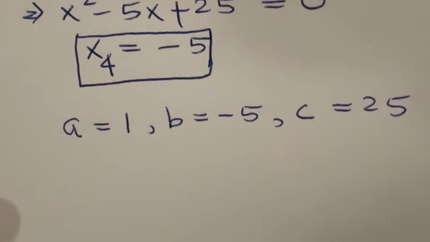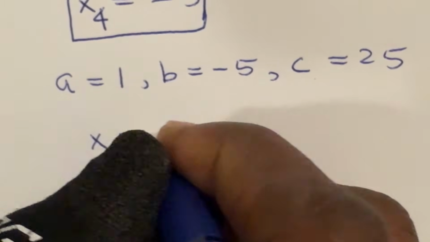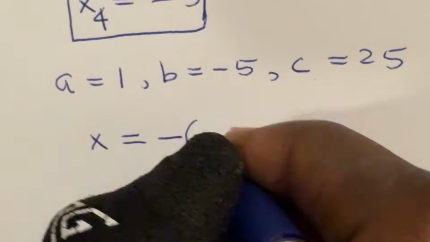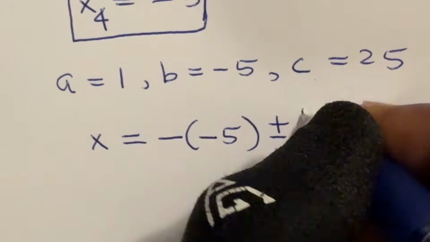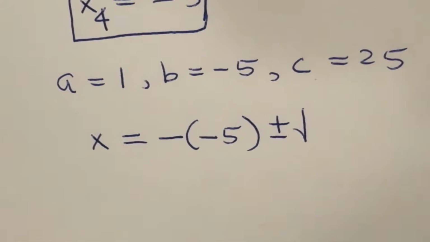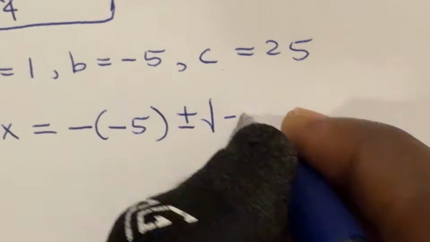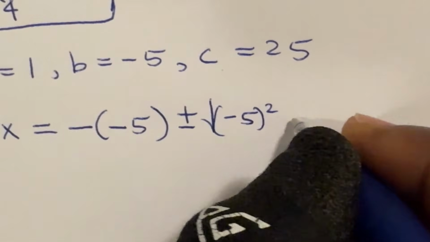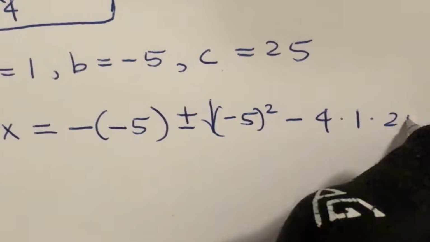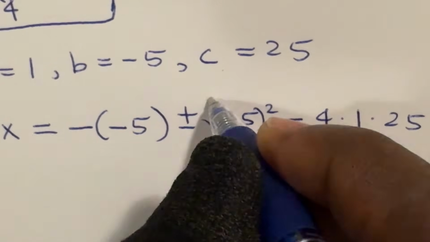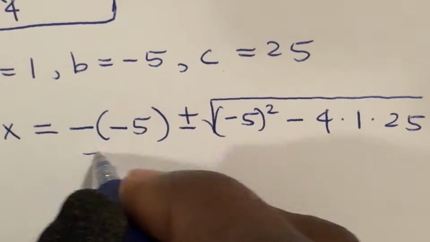The formula remains the same, and then we have x is equal to minus b, which is -5, plus or minus the square root of b squared, which is -5 squared, then minus 4 times 1 times 25, square root of that all over 2a.